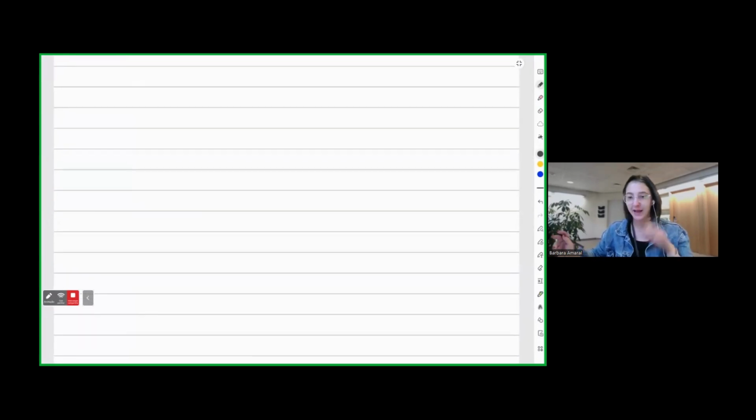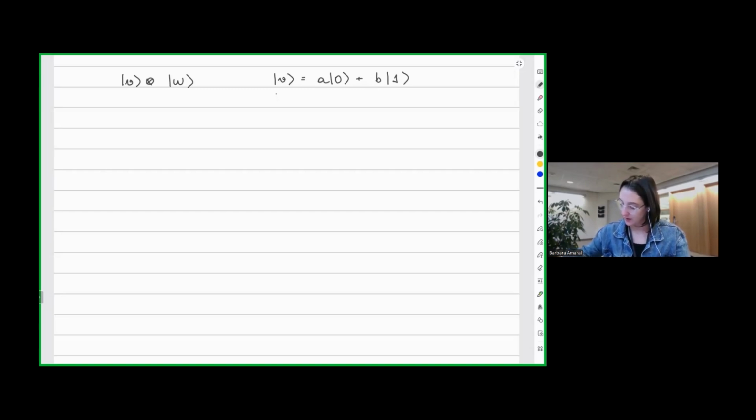Let's see what we have when we have a decomposable vector. So the vector looks like this. And here, as I said, I'm focusing on two qubits. So I'll imagine that the first qubit is at this state, and the second is also at this state, whatever.